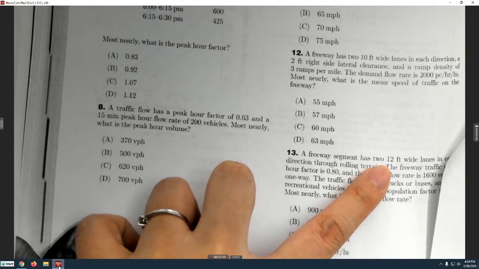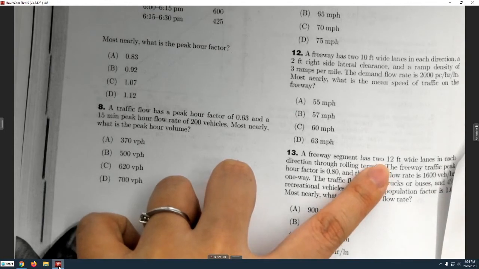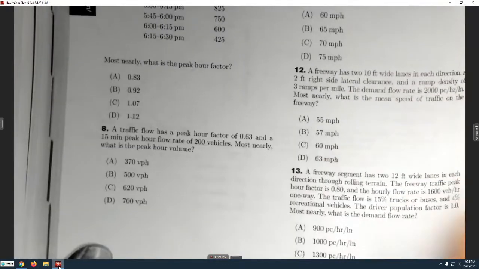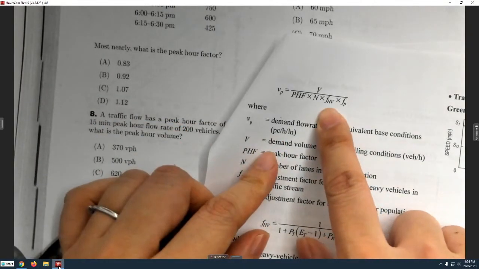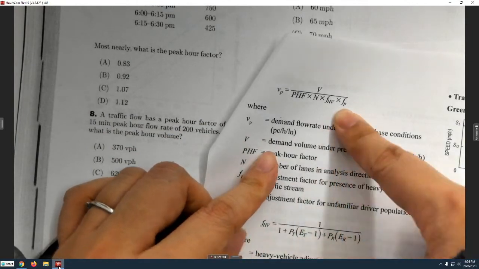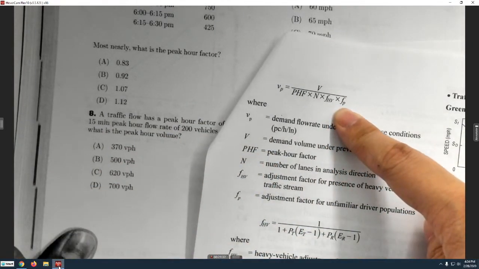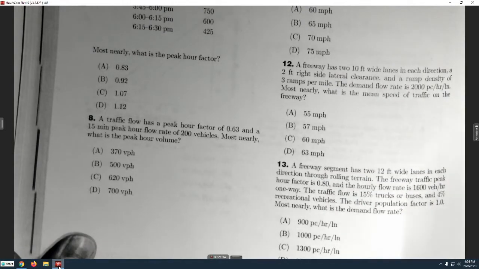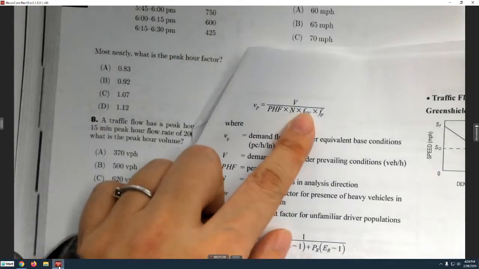Actually, we don't need to use it anyway. So the number of lanes is 2, so N is 2. This comes down to FHV and FP. The population adjustment factor is 1 already given, so it's FHV.